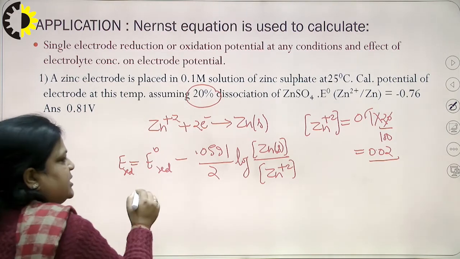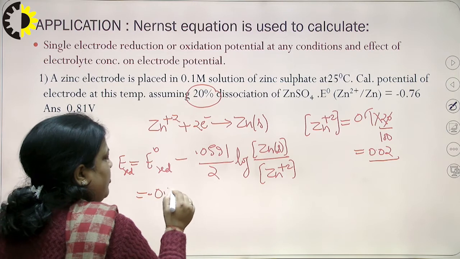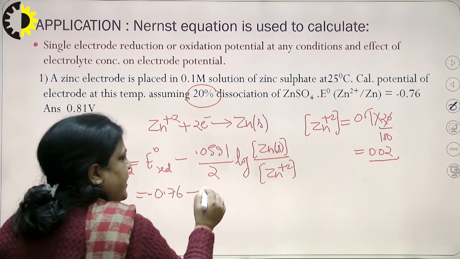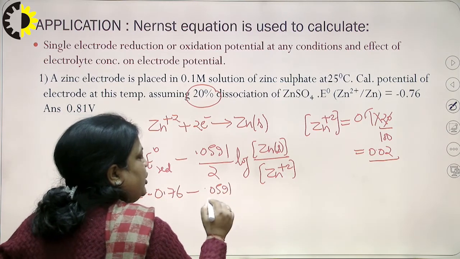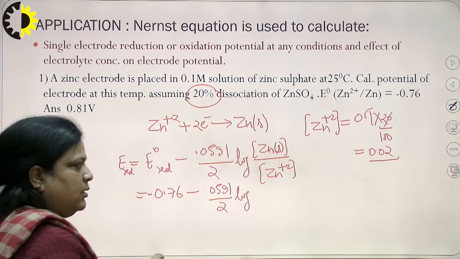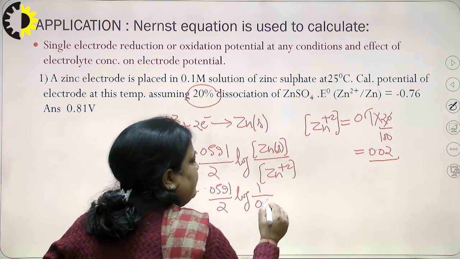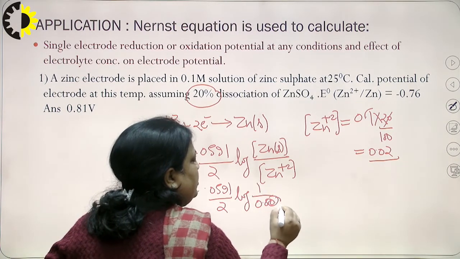The reduction potential of zinc, which is given, is minus 0.76, minus 0.0591 upon 2 log of solid 1, and after dissociation the concentration of Zn plus 2 is 0.02.